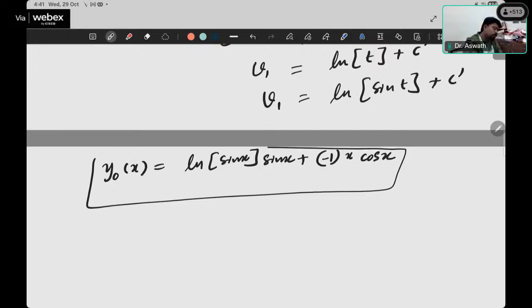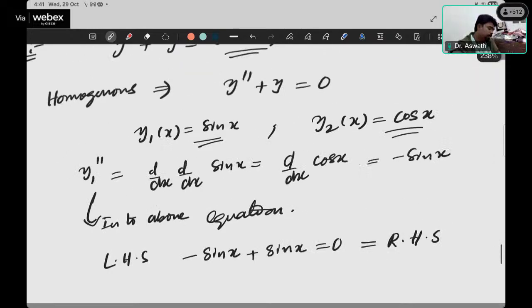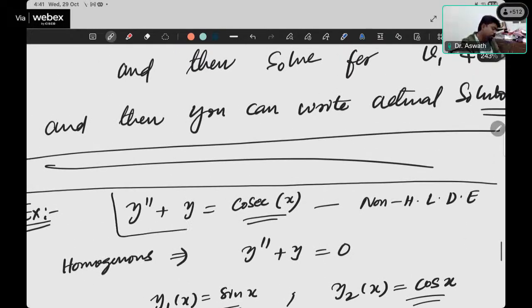So you got the solution even for the case of an inhomogeneous second order differential equation with variable coefficients.